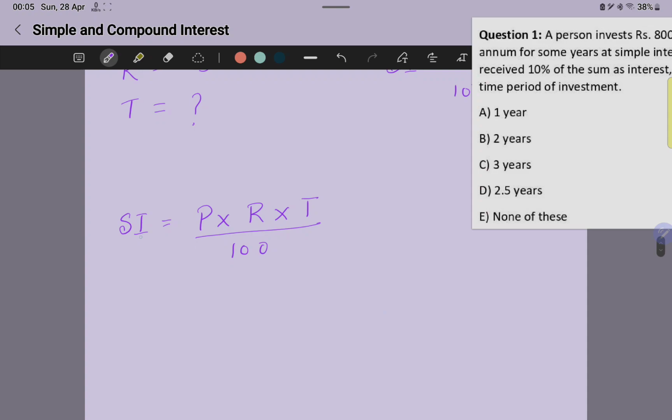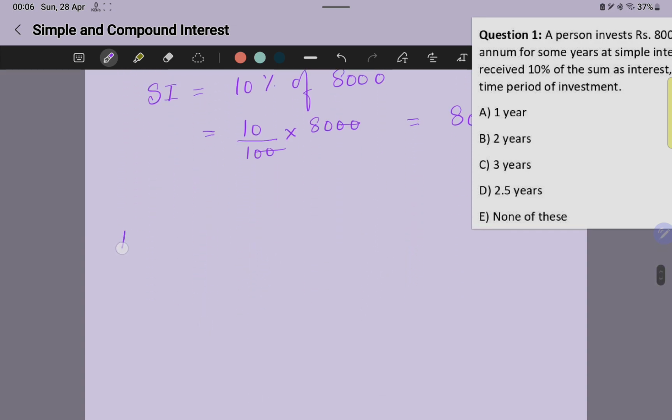But before that we need to take out the simple interest. Simple interest here is 10% of the principal amount, that is 8,000. So it is 10 upon 100 multiplied by 8,000. So zeros will be cut and it becomes 800.